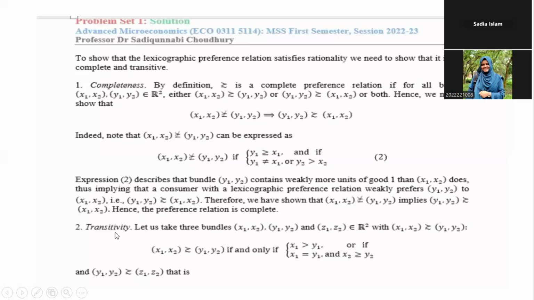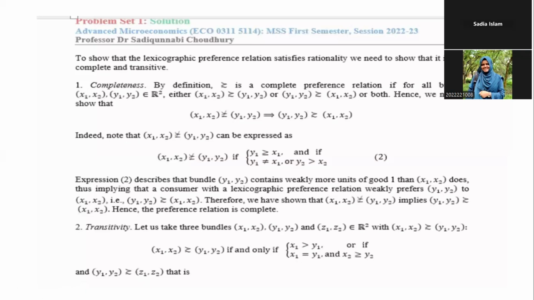And part two, transitivity. Let's take three bundles: X1, X2, Y1, Y2, Z1, Z2. Let's say there are three kinds of fruits: apple, orange, banana, and this makes three bundles. The first bundle is apple, the second bundle is orange, and the third Z bundle is banana.